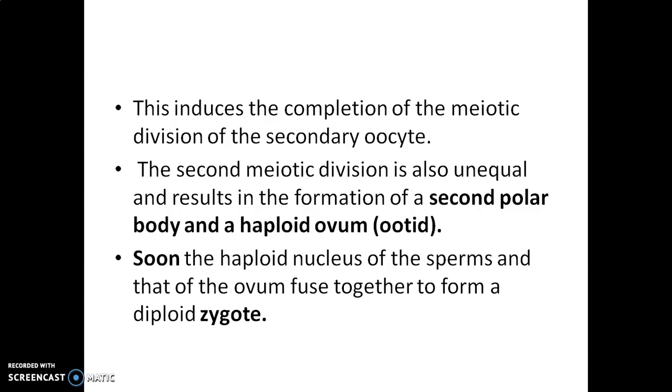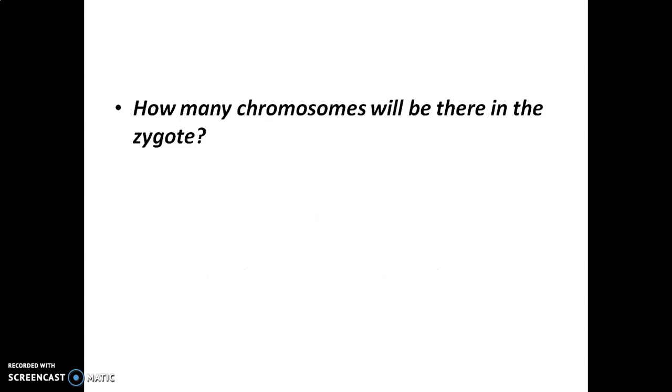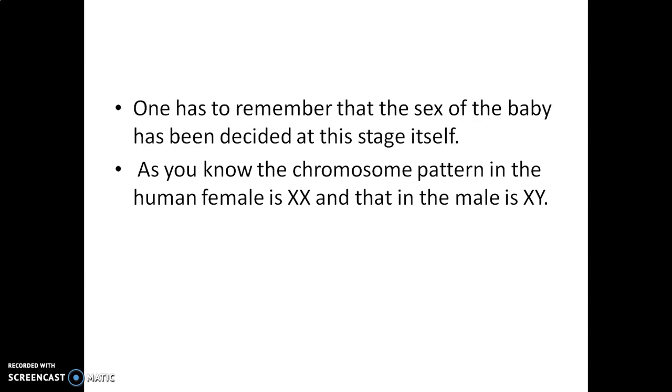So soon the haploid nucleus of the sperm and that of the ovum fuse together to form a diploid zygote. Clear, children? Then how many chromosomes will be there in the zygote? 23 plus 23, that is 46 chromosomes, isn't it? Children, one has to remember that the sex of the baby is decided at this stage itself.